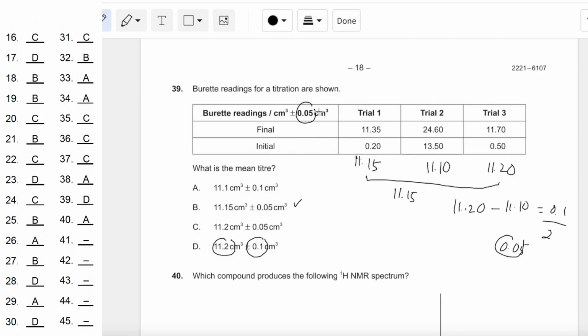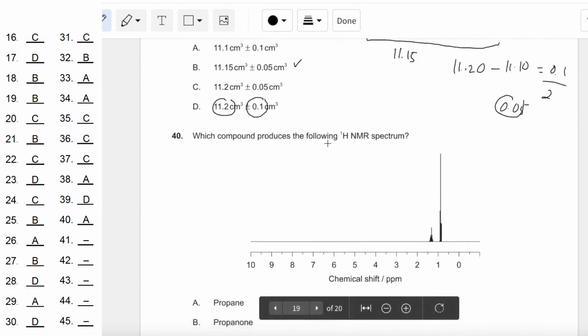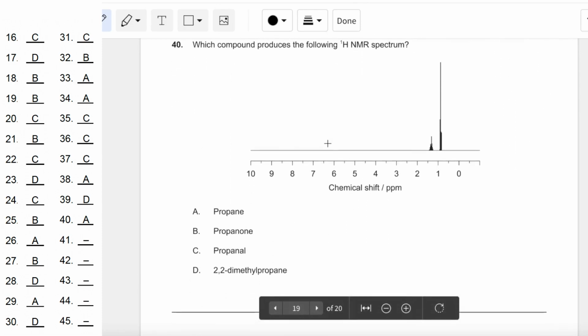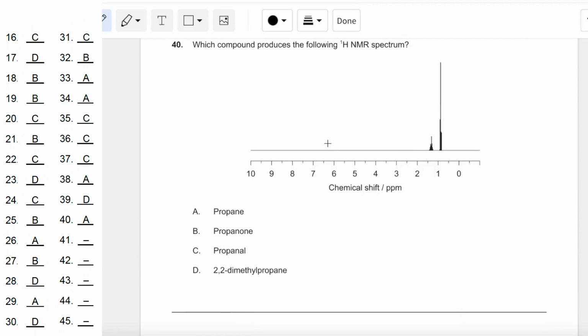Okay, so for number 40, which compound produces the following NMR spectrum? If you have this, when you see these 2 peaks, it means 2 H environments.